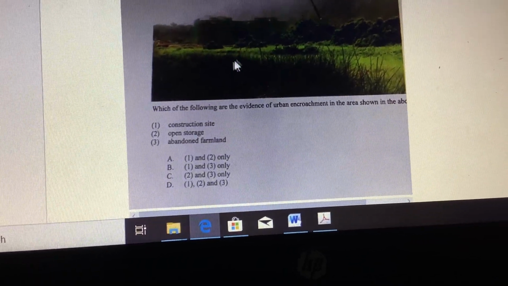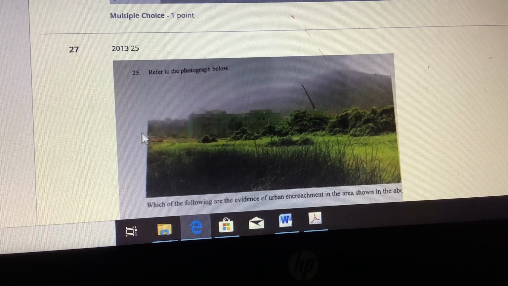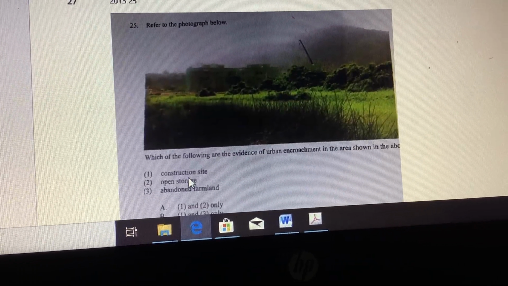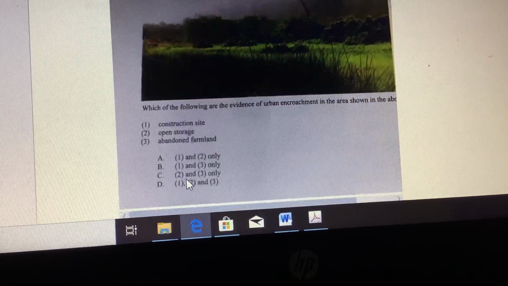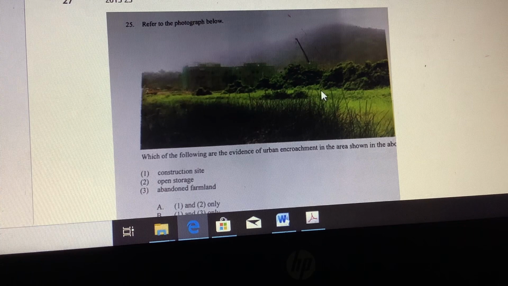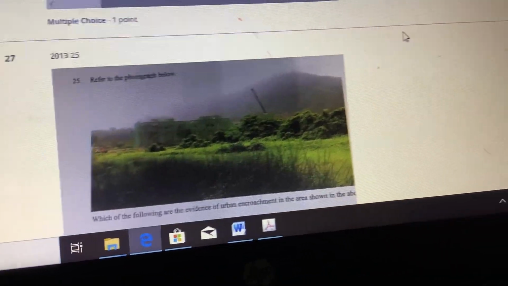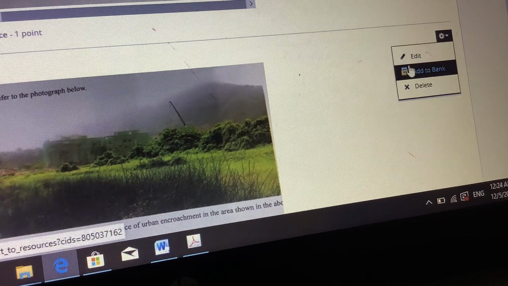Yes, right here. Do you see any container? I cannot really see any container right here. So if there are no containers, I don't think there's open storage. How about abandoned farmland? You can see right here, there's a lot of greenery, without any care of the farmer. So isn't it number 1 and number 3?